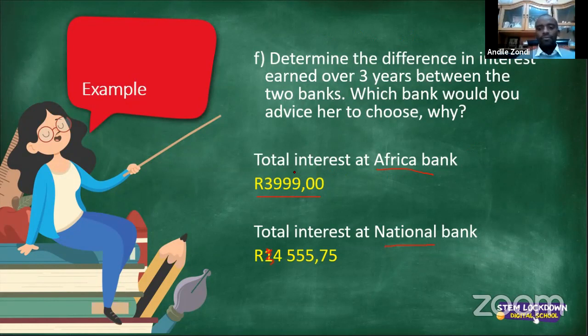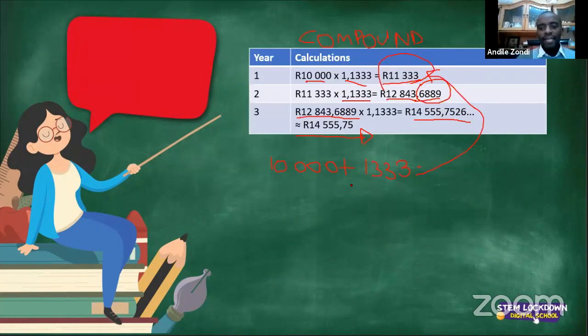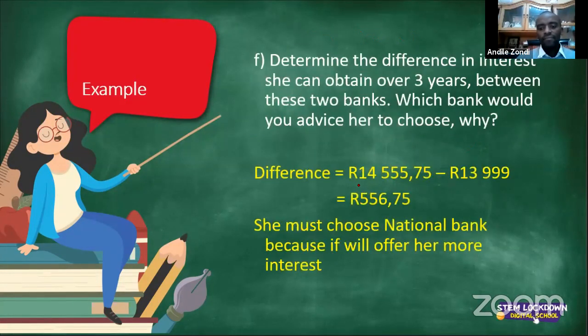Okay, so what is the difference in interest? If you're using the total amount, after 3 years, the amount of money that you earned from National Bank was 14,555.75, minus the total amount of money that you earned from Africa Bank, which is 13,979.